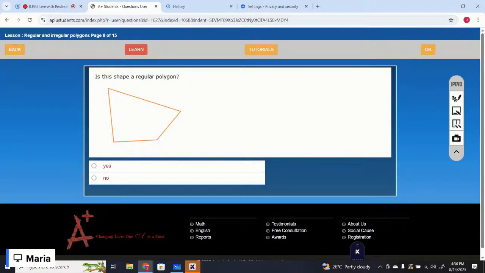Is this shape a regular polygon? No, that is not a regular polygon.